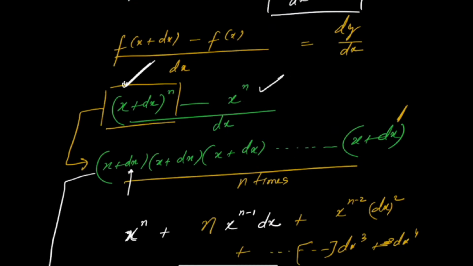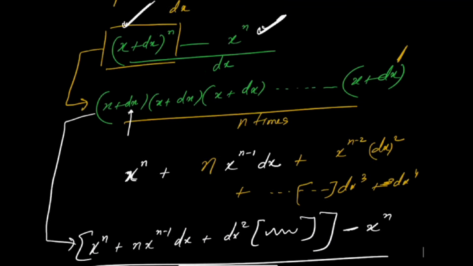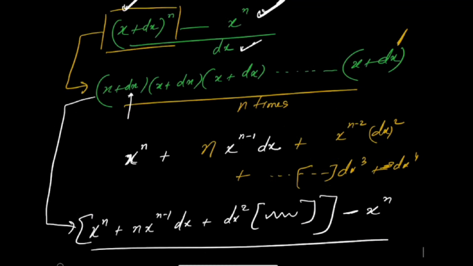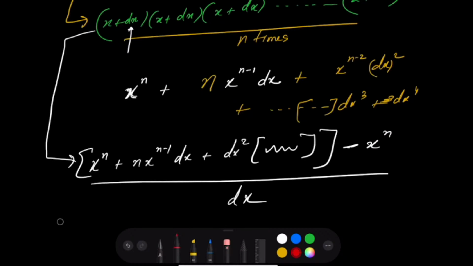There is minus x power n here, so I also have to write minus x power n, divided by dx. Correct? So what will happen? This x power n and this x power n will cancel. So what is remaining?